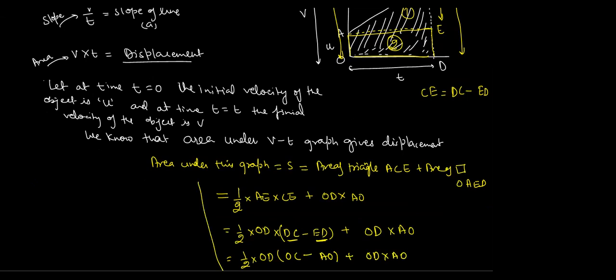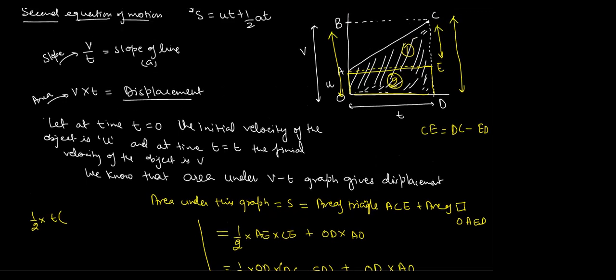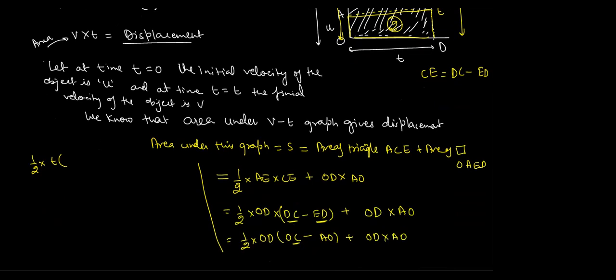So you have to write half into what is OD? OD is time, so write time. And what is the value of OC? OC is V. You can check here that OB is the final velocity and OA is the initial velocity.